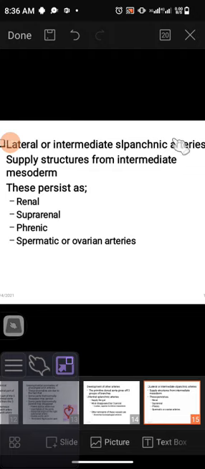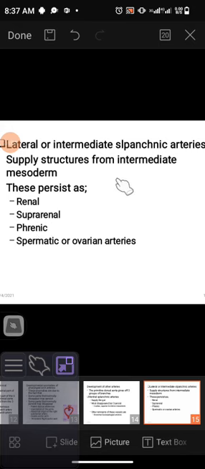We have the lateral intermediate splanchnic arteries. Intermediate mesoderm will give rise to the kidney, the adrenal gland, the suprarenal gland, part of the diaphragm, and the spermatic or ovarian arteries. Remember, the intermediate mesoderm will give rise to the gonads, the ovary, the kidney.